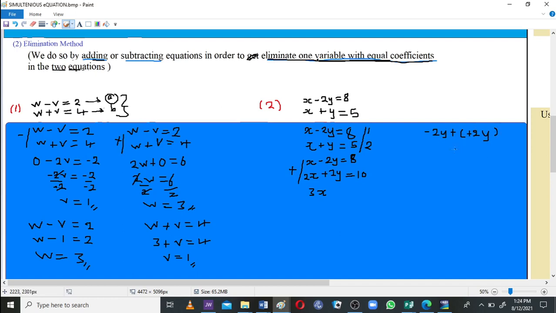Now what is this giving you? This is just giving you negative 2y plus 2y, which will give you nothing but 0 here, right? That's what you're going to get. So if we do that, we're going to get y is equal to 0. So we have eliminated y.